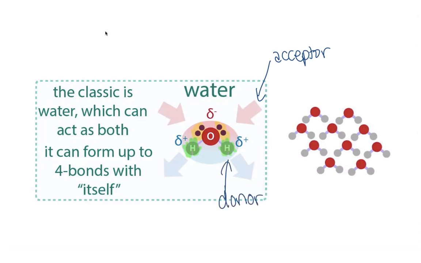And so for each water molecule, you can form up to these 4 hydrogen bonds. And so these could be with other water molecules, or they could be with other molecules, such as those amide bonds, such as those carbonyl groups. In solid water, so in ice, you typically do have those four bonds per water molecule.